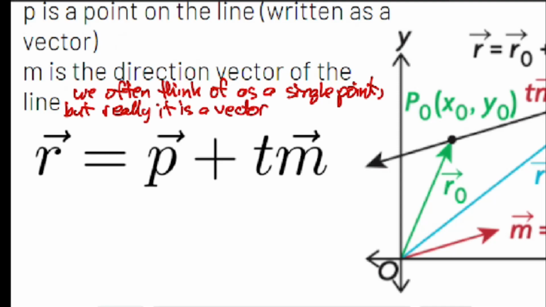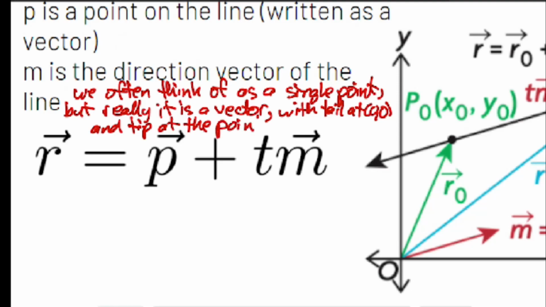And remember, when we define our vector as a single point, we have the tail at the origin (0, 0) and the tip at the point P. So we're just discussing our P here.